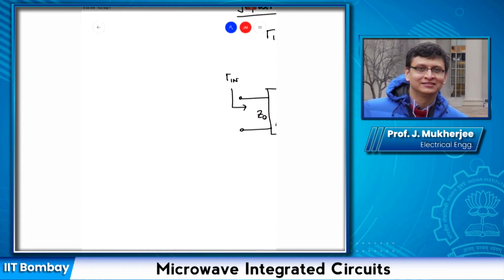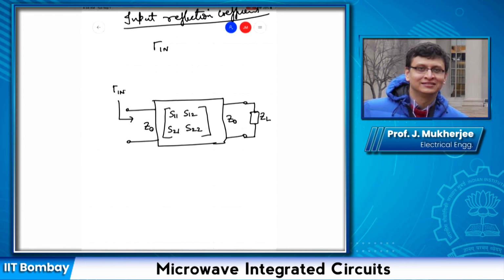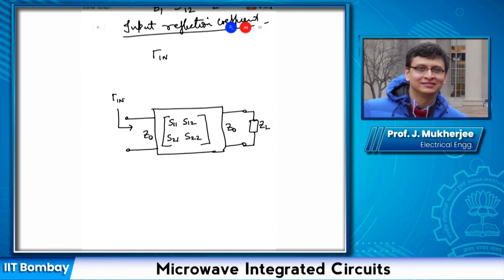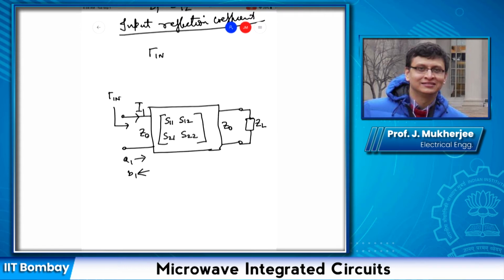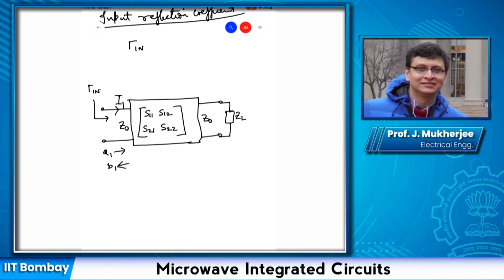Okay, so coming back to this diagram, this circuit diagram. So here I1 is the input current and A1 is the input normalized voltage, incident voltage. B1 is the input normalized reflected voltage.